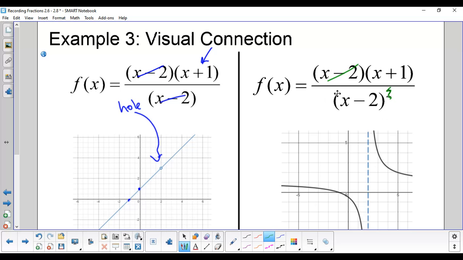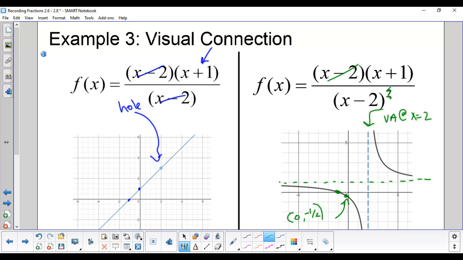But because there was an additional factor in the denominator, that turned into a vertical asymptote at x equals 2. We also still had our x-intercept at -1, and we have our y-intercept happening at (0, -1/2). Also, you can see on this graph that we have our horizontal asymptote taking place right here at that value of 1.